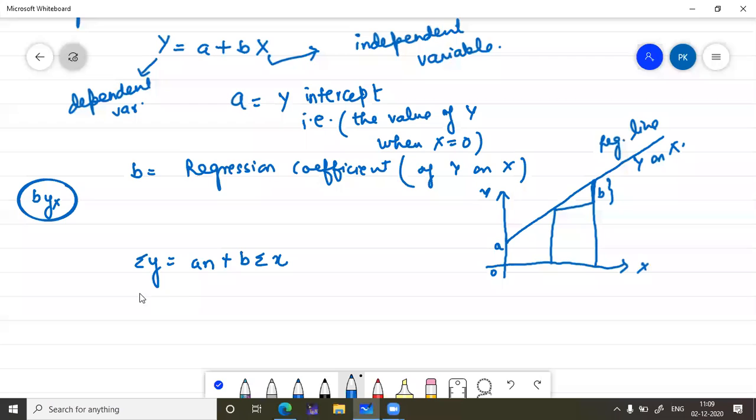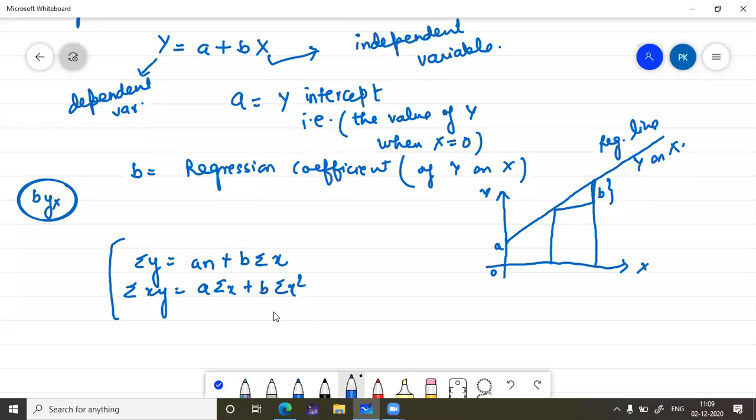For the second, multiplying by x and taking the summation on both sides, summation of xy = a summation of x + b summation of x square. We use these two normal equations to find the constants.